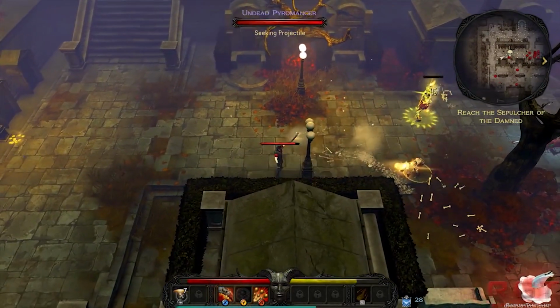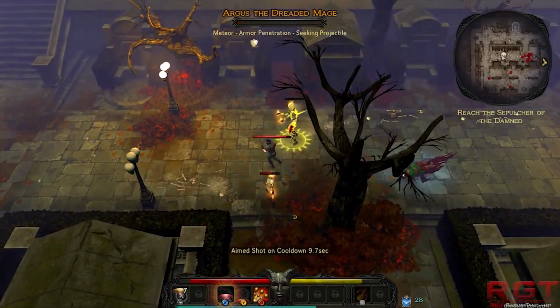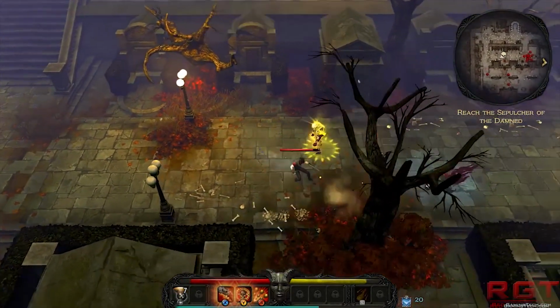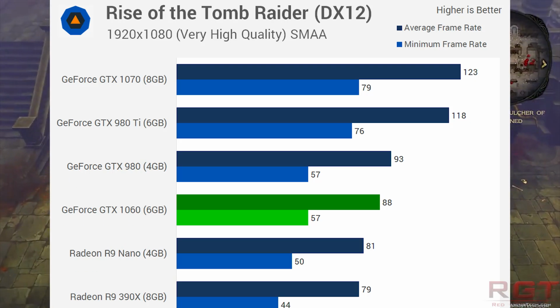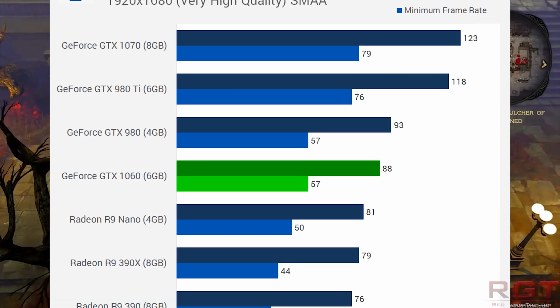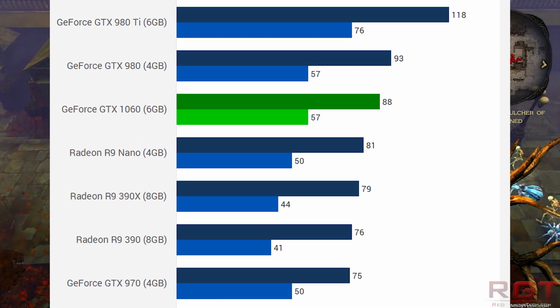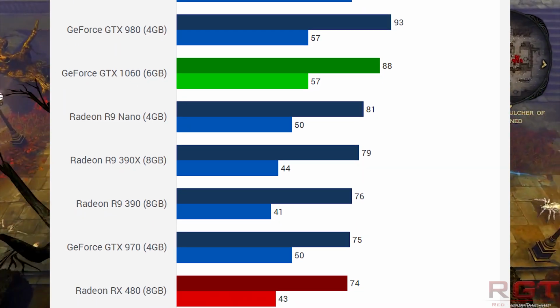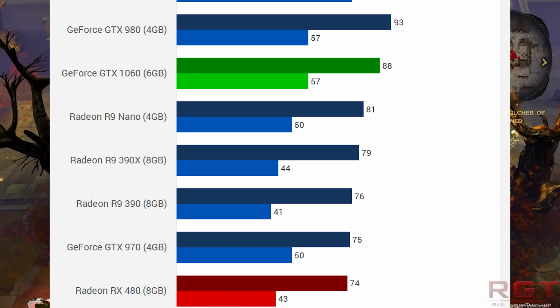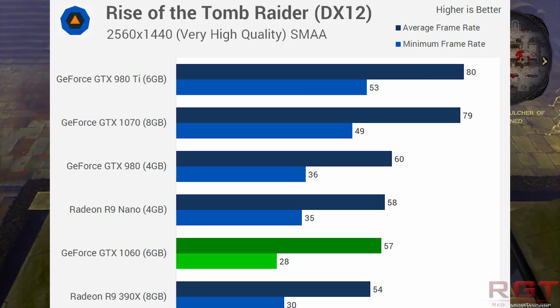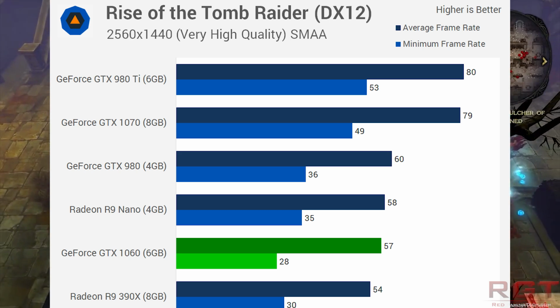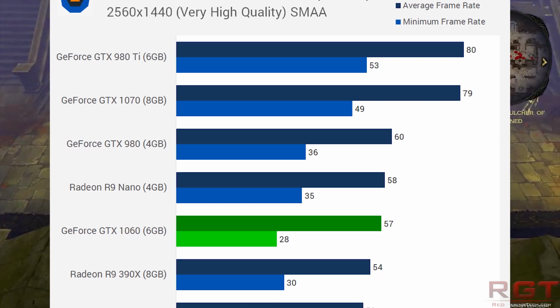Now, the story is very similar with a lot of titles on DirectX 12, but your mileage may vary. 88 frames a second with Tomb Raider compared to 74 with DirectX 12, and if you push up the resolution, the GTX 1060 is just shy of holding on to 60 FPS compared to 49 of the RX 480.